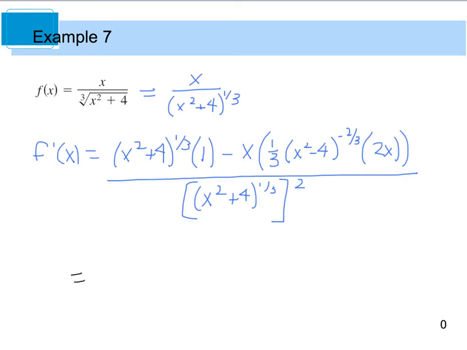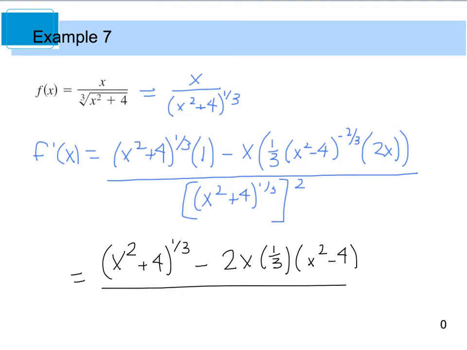So what this is going to give us is x squared plus 4 to the 1/3 power minus 2x times 1/3 times the quantity of x squared plus 4, all divided by the quantity of x squared plus 4 to the 2/3 power.